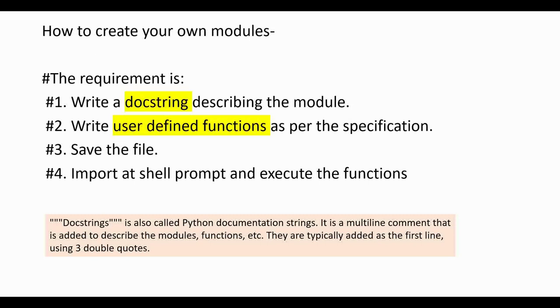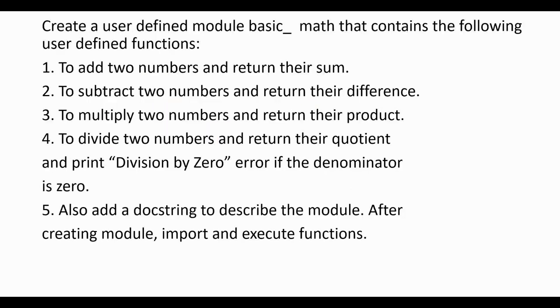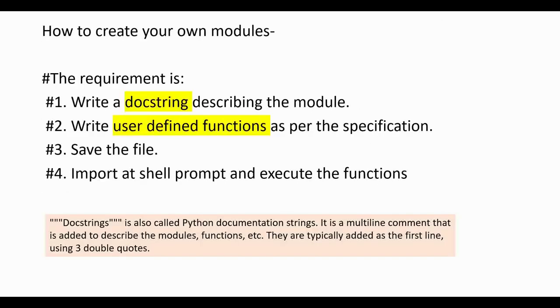The second step is to create the user-defined functions. Right now in our program we are going to have 4 different functions: addition, subtraction, multiplication, and divide. We are going to save the file, come out of it, go to the interactive mode, and import it with the program name, that's your module name, that is stored with the .py extension.